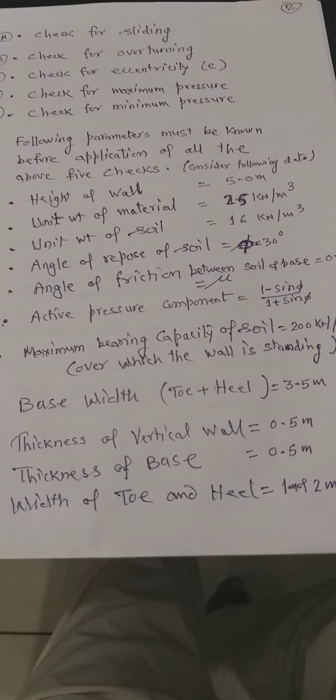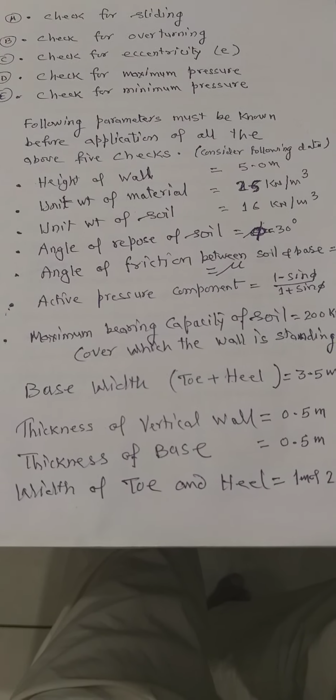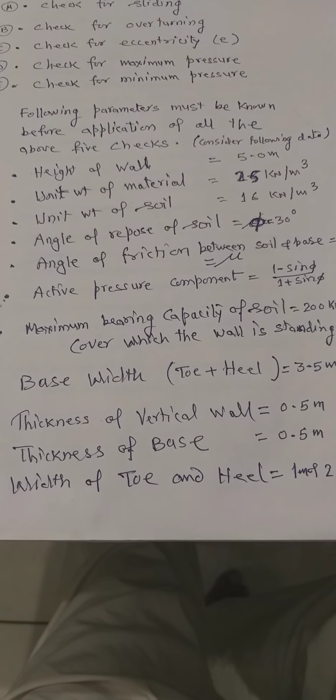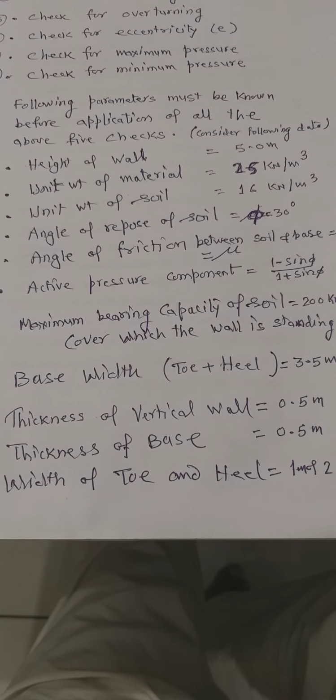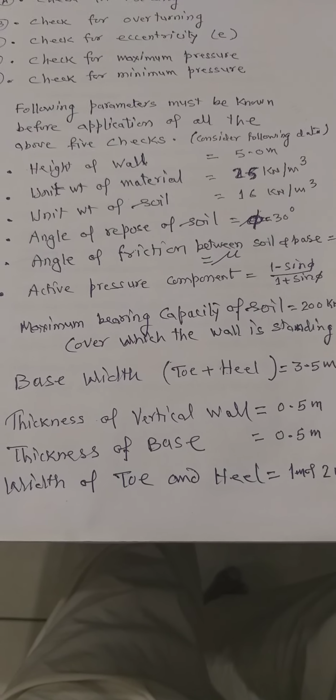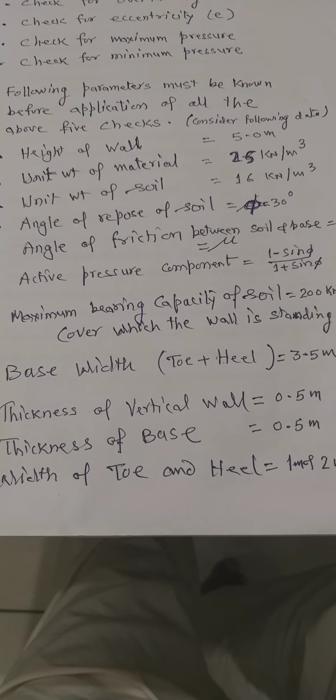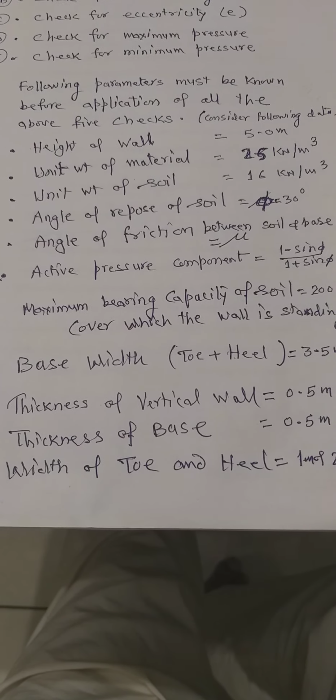Number 1, height of the wall is 5.0 meters, that is, it is not exceeding 6 meters, so we are considering only the cantilever type of retaining wall. Unit weight of material, RCC, is taken as 25 kilonewton per meter cube.